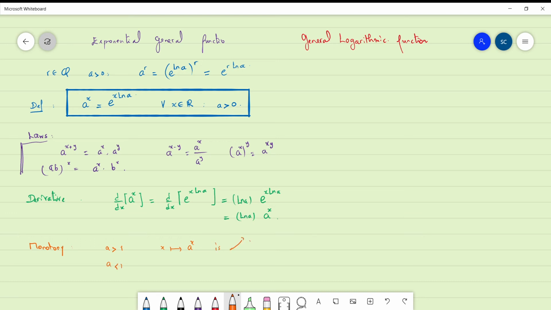For a positive and less than 1, the function is decreasing. So it's a one-to-one function.